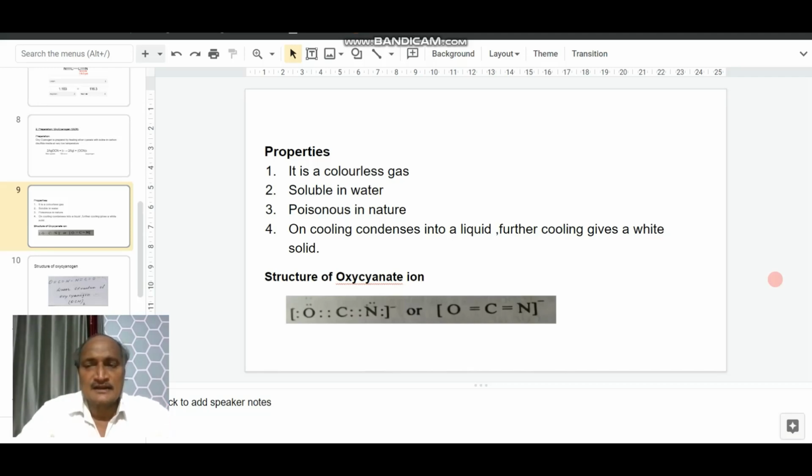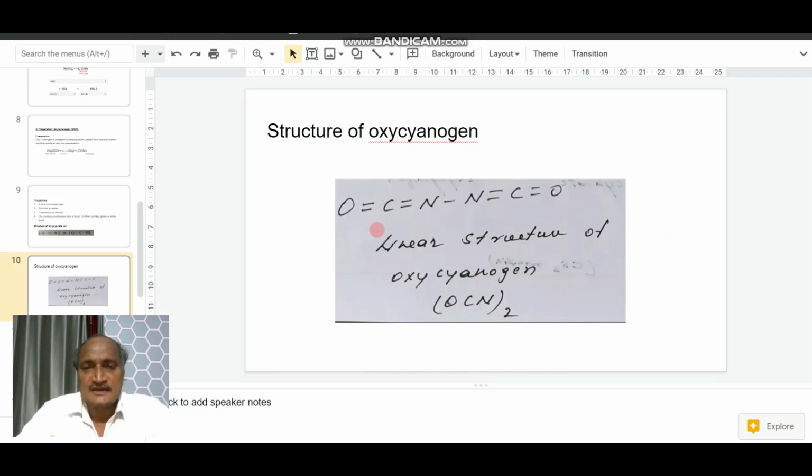Coming to the structure of cyanate ion. The following structure indicates the oxycyanate ion structure. Then coming to the structure of cyanogen.